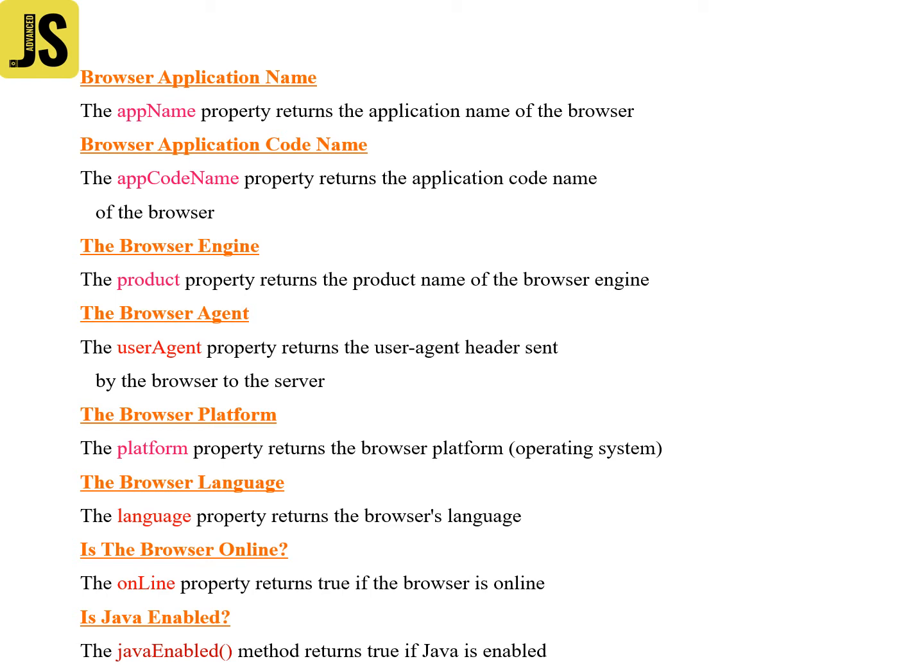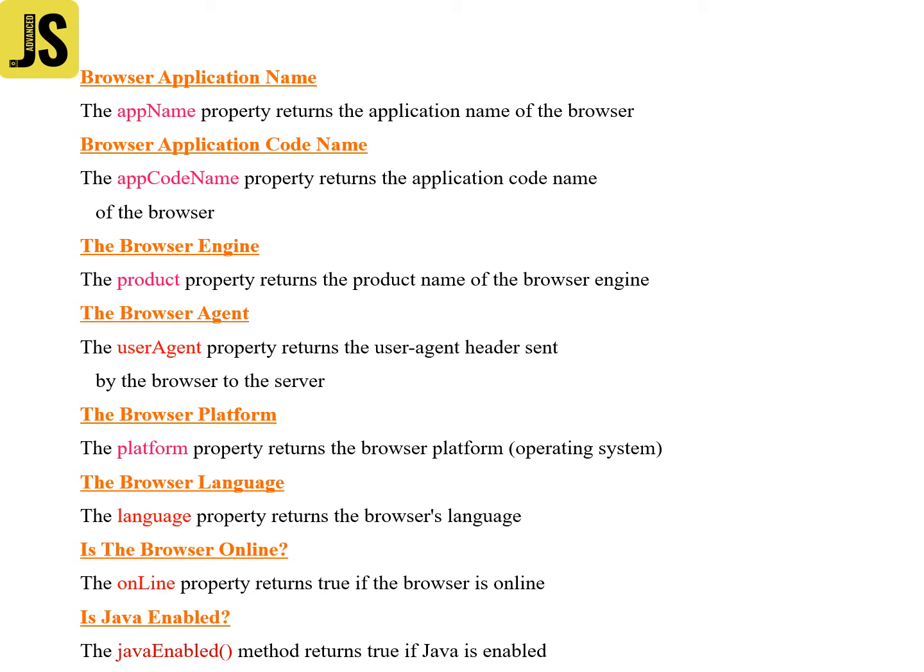Another property is related to the browser engine. The product property returns the product name of the browser engine. So if you are using the product property with the window object, it will return the product name of the browser engine. The next functionality is the browser agent.